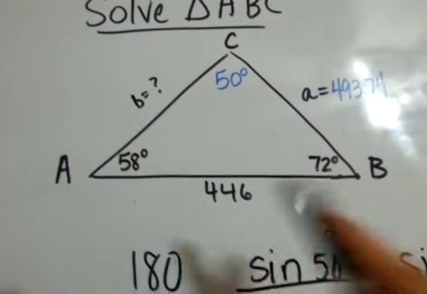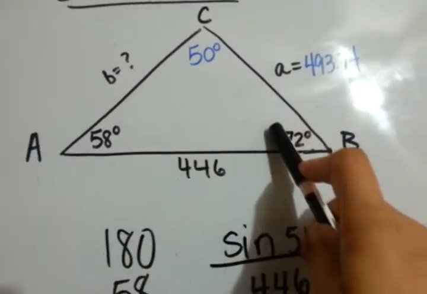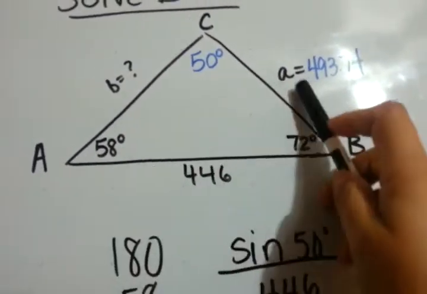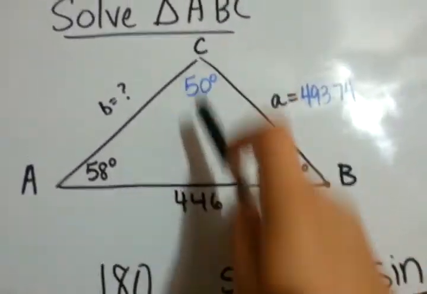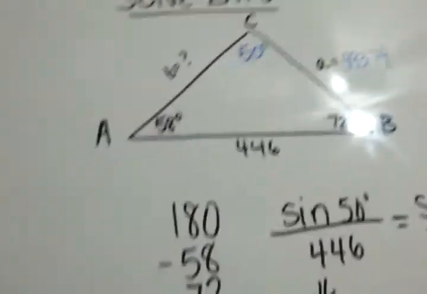Okay, now we have to solve for side B. We know that one corresponds to angle 72. And we're still going to use this combination. Now you can also use the other combination, but I'm just going to stick with this one because I know this one. And I'm going to set it equal to this ratio.